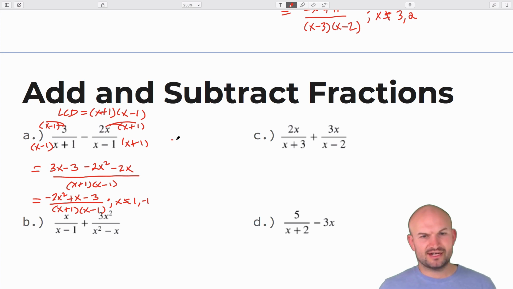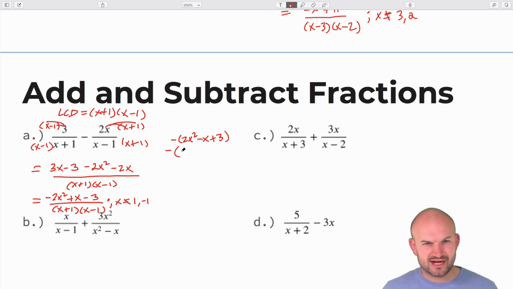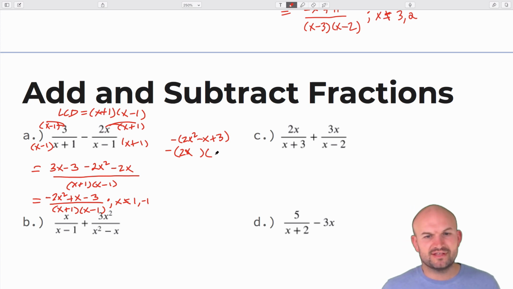I'm just going to factor out a negative and make sure that this is not factorable: 2x squared minus x plus 3. Just in case nothing would factor out, but I don't think I'm going to. It could be factorable, but I don't think anything's going to factor. That would have to be a 3, and this would have to be a positive 1.